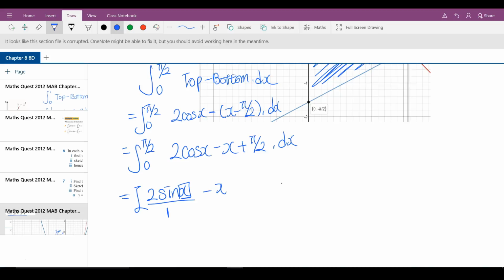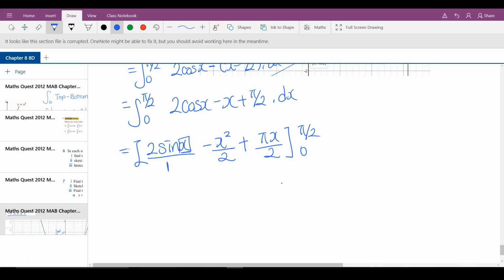Minus x becomes negative x squared over 2. Plus, now pi over 2 is just a number. Remember, pi is just 3.14 something. So it's just a constant. So when you integrate a constant with respect to x, you get the constant times the variable, the unknown. Yep, and then from 0 to pi over 2.